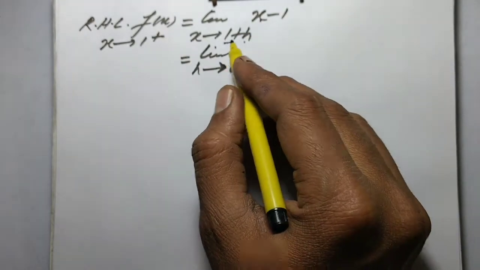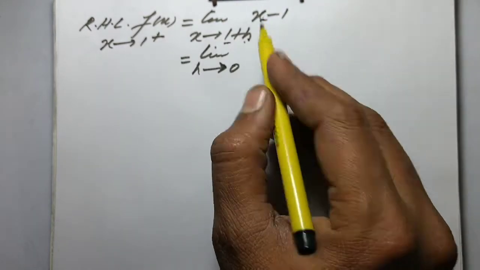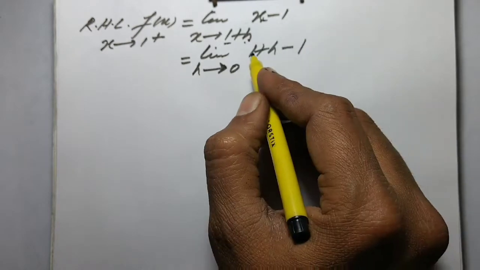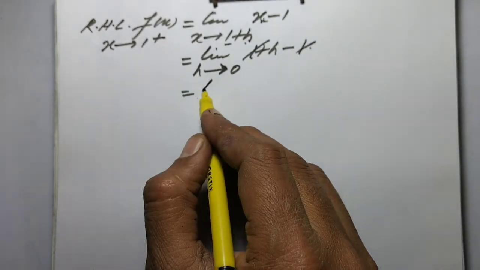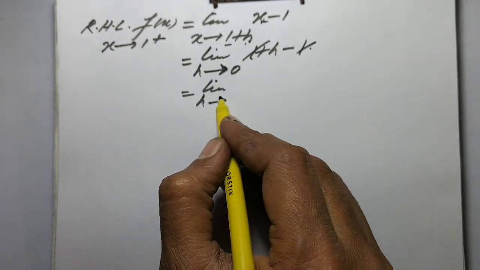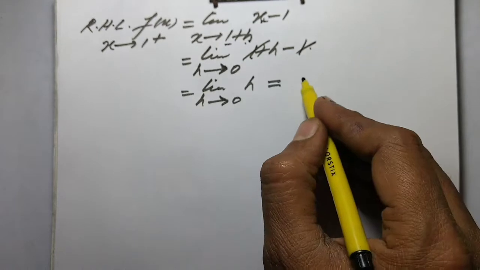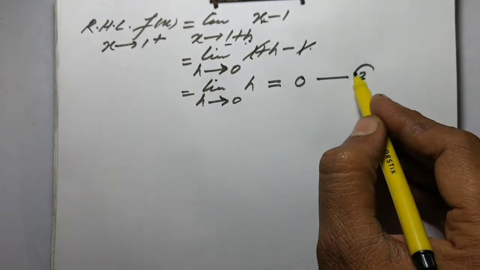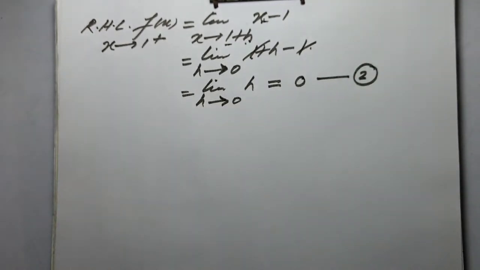So it is 1 plus h minus 1. The 1s cancel out, and ultimately we get limit h tends to 0 of h again, and applying the limit we get 0. So the value of right hand limit is also 0.